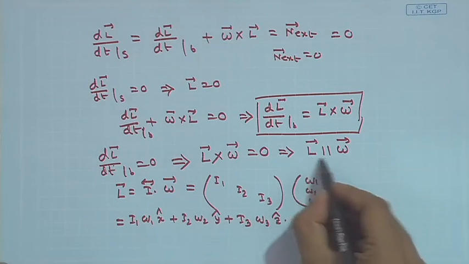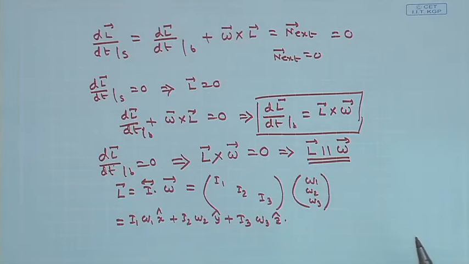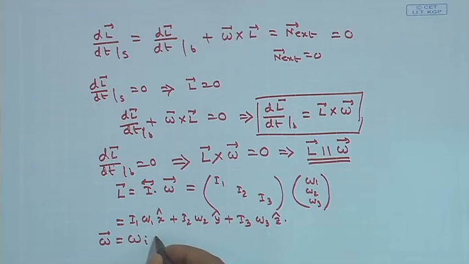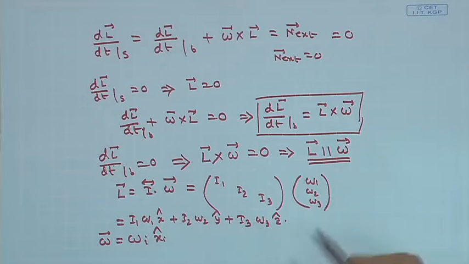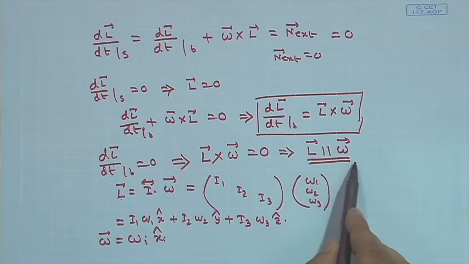Now, if L is parallel to omega, that is possible if and only if omega is omega_i times the i-th unit vector. So, omega has to be, or the axis of rotation has to be one of these. If we have a general direction where all three components are present, then these two vectors omega and L will never be collinear, never be parallel to each other.